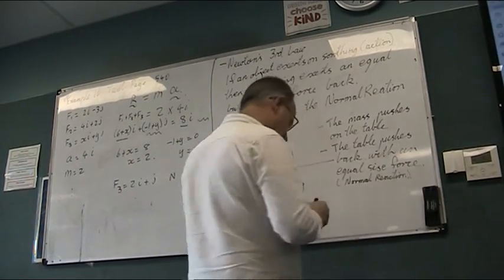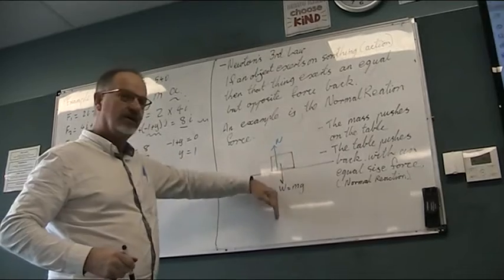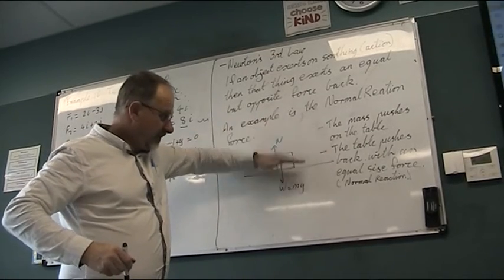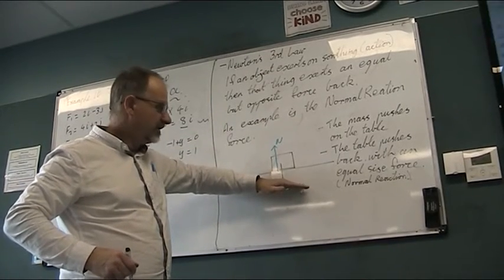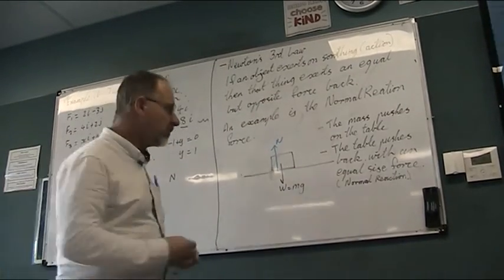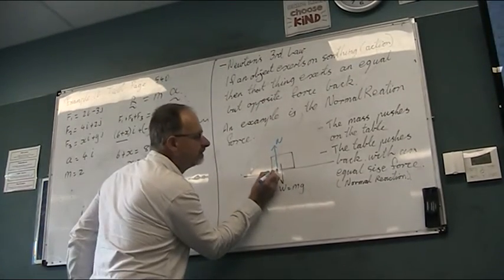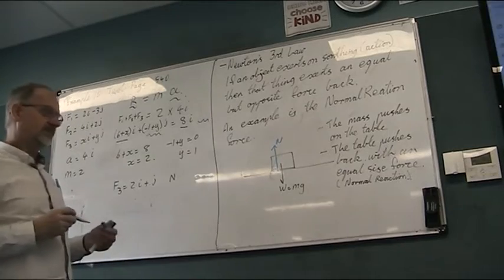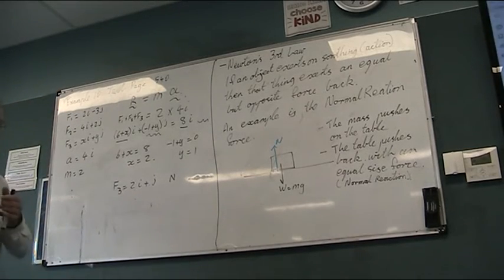All right, so the reaction part is it's a reaction to the box pushing on the table. The reaction from the table is to push back, and the normal part is that that's at 90 degrees.